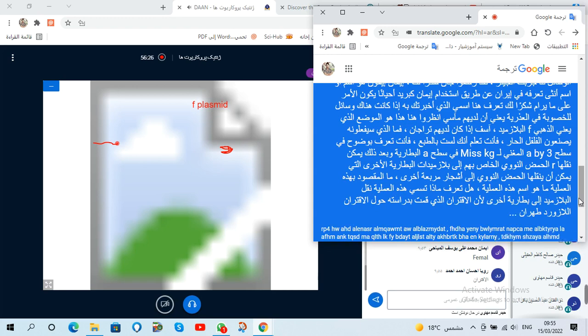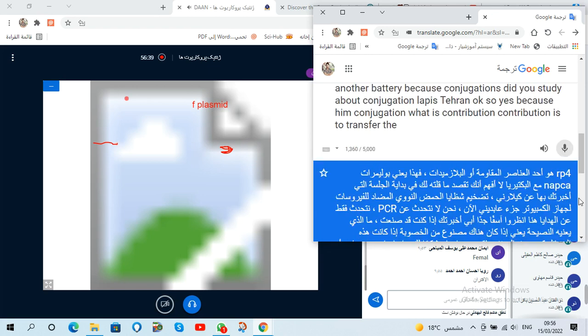Okay, so yes, we call it conjugation. What is conjugation? Conjugation is transferring the plasmids to another bacterium. This is the donor cell and this is the recipient cell.